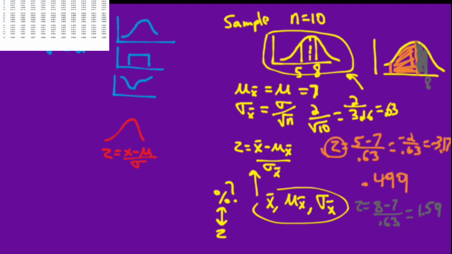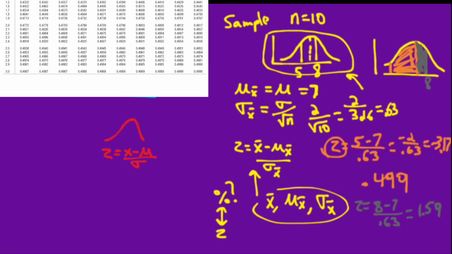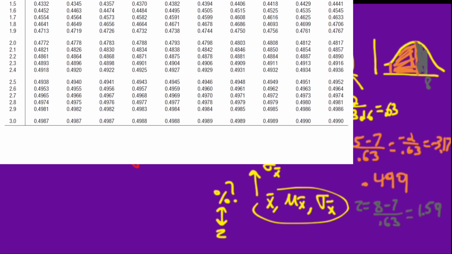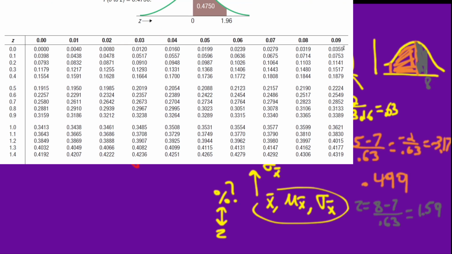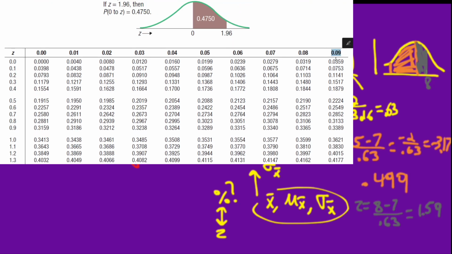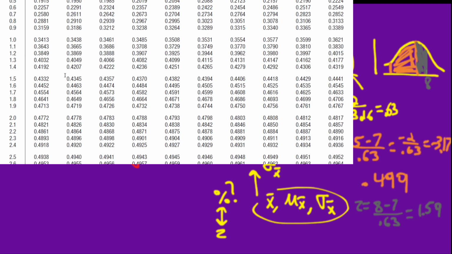Okay, so 1.59 standard deviations above the mean. And so when we go and look that up on our z table, 1.59, we can scroll over. Just remember, so this is the 0.09 on the far end. So when we get to 1.59, we see 0.4441.